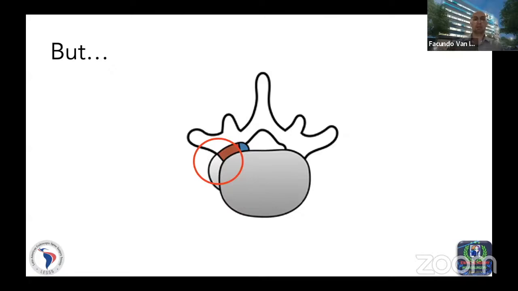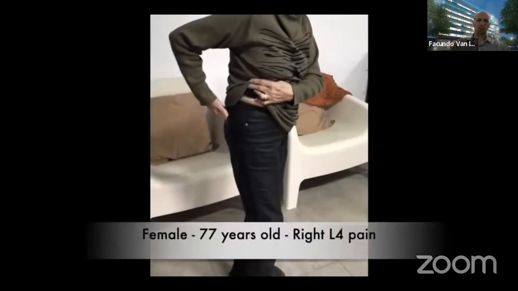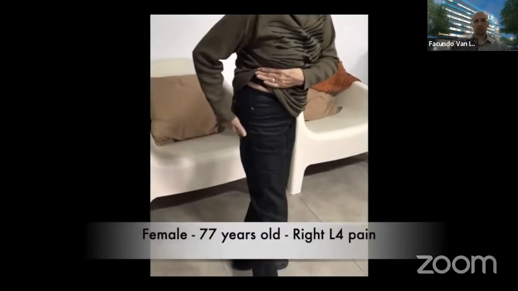And the surgeons started to do the same thing in the transforaminal approach. They copied the maneuvers they were using in the interlaminar approach into the transforaminal approach, and the result was marvelous, because we were able to treat pathologies that we weren't able to before.